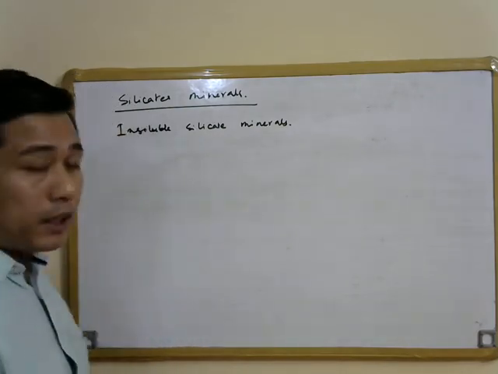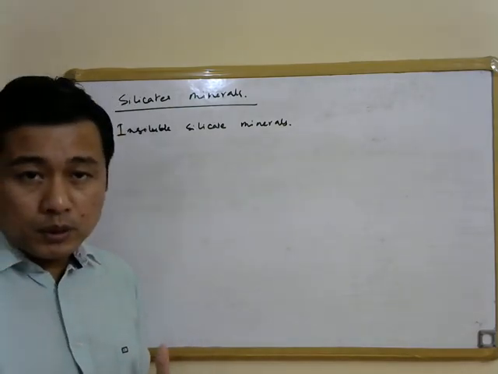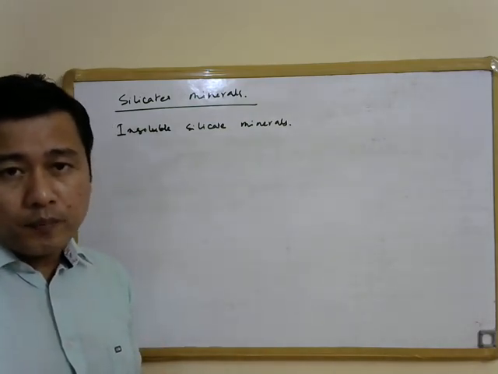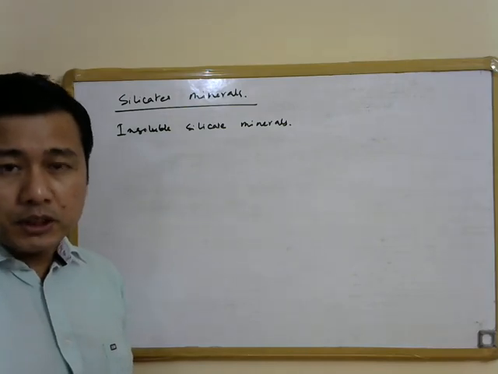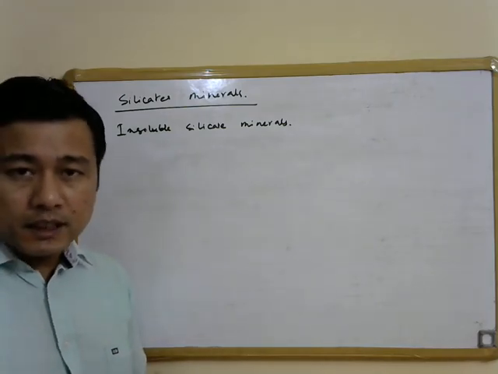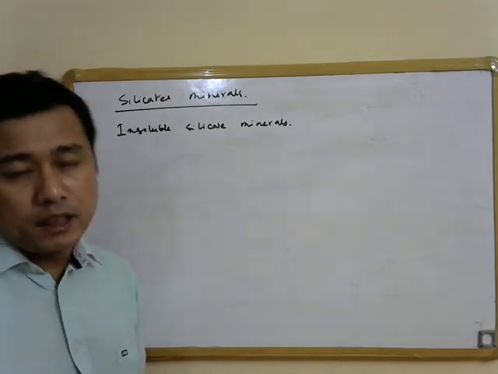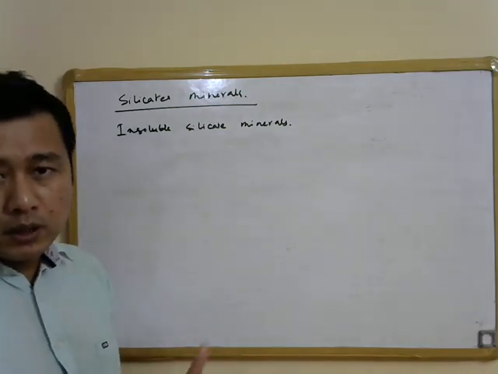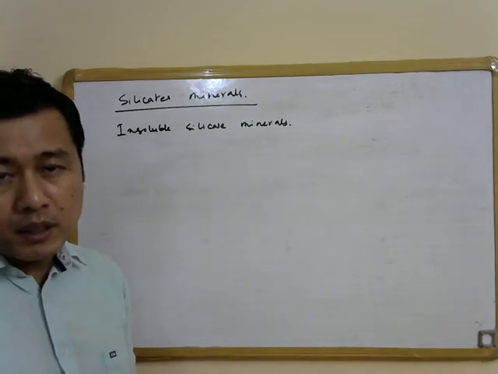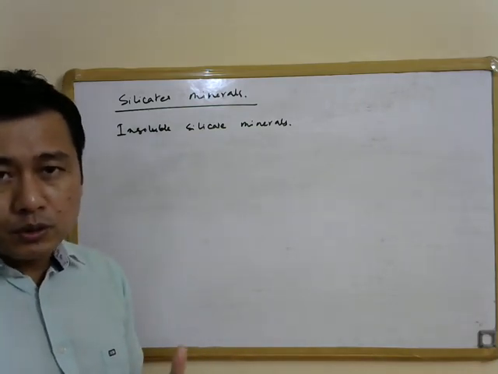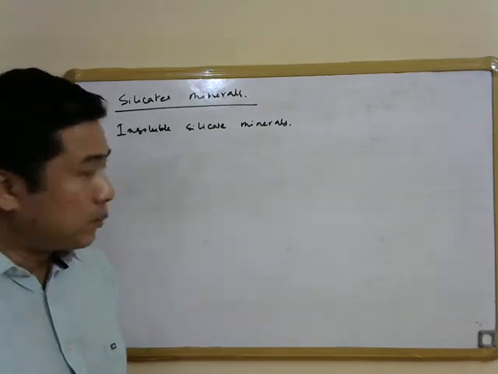These SiO bonds are again one of the strongest known bonds, and that is why when we have extended structure formation through these SiO bonds, the resulting solids are highly insoluble, and that is why we have the silicate minerals form the rocks or sand or clays.